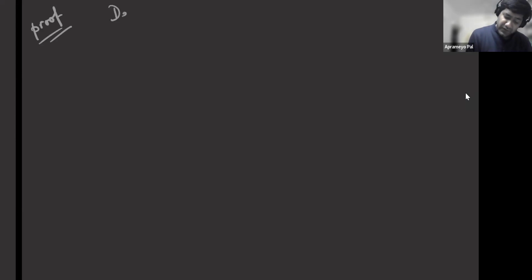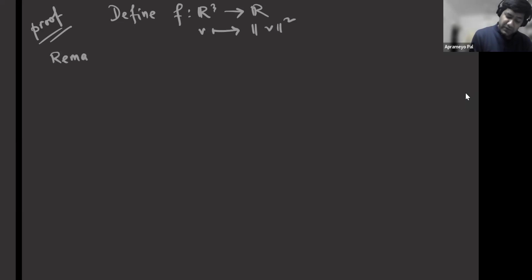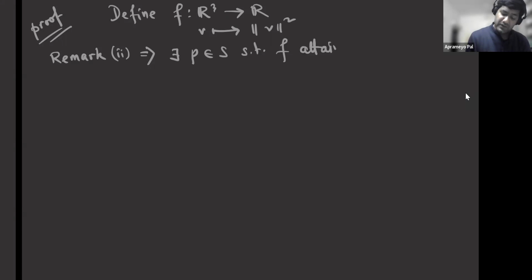So first, define a continuous map F from R3 to R by sending a vector V to its norm squared. Now, the previous remark 2 gives you that there exists a point P in S such that F attains its maximum value.